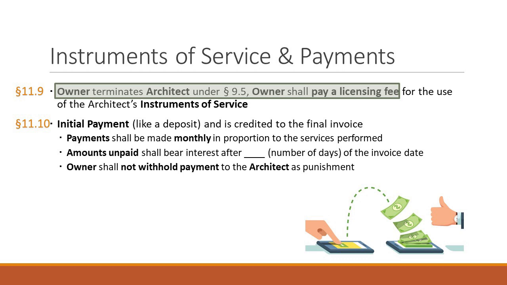Now I've got my financing, and I want the project to continue. If I can't use your drawings, I have to start over from scratch. That's going to cost me tens of thousands of dollars, maybe millions. So this provision recognizes the other side. As long as the owner's paid its licensing fee, they get to use the drawings as well. So it's trying to be fair for both parties in this situation.